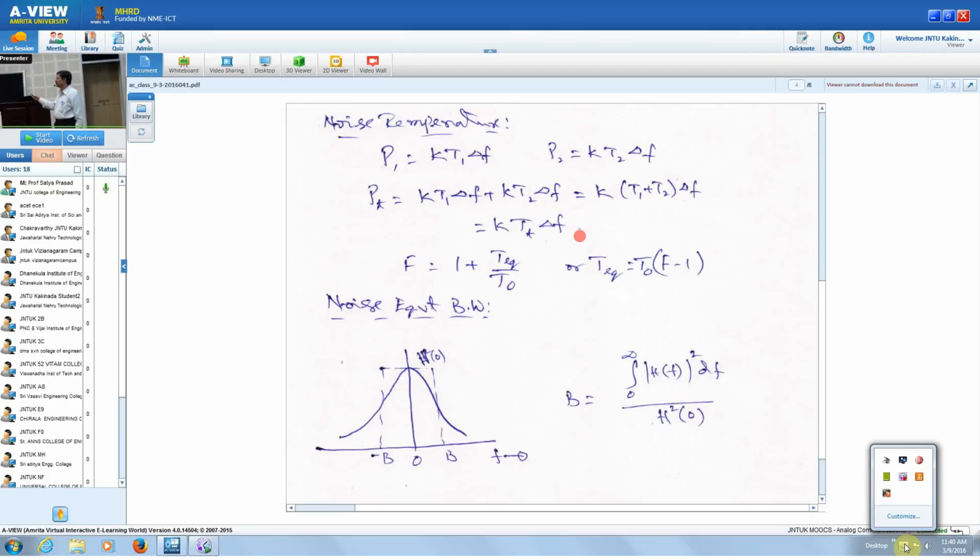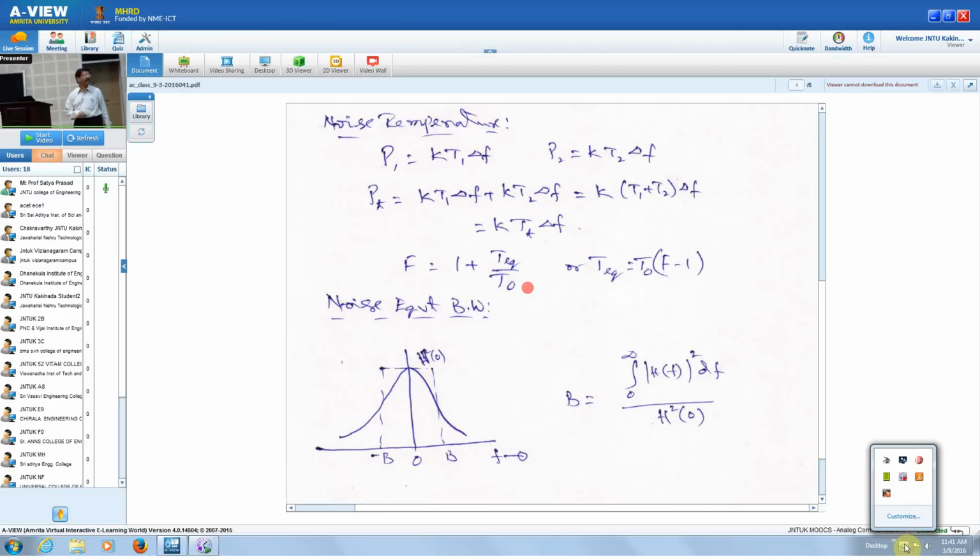So this is also one of the comparative measures, the noise temperature: how much noise temperature each circuit gives you, so that you can compare the performance of different circuits. Right? So the noise figure is given as 1 plus T equivalent by T naught, where R equivalent by RA are combined into the equivalent resistances.